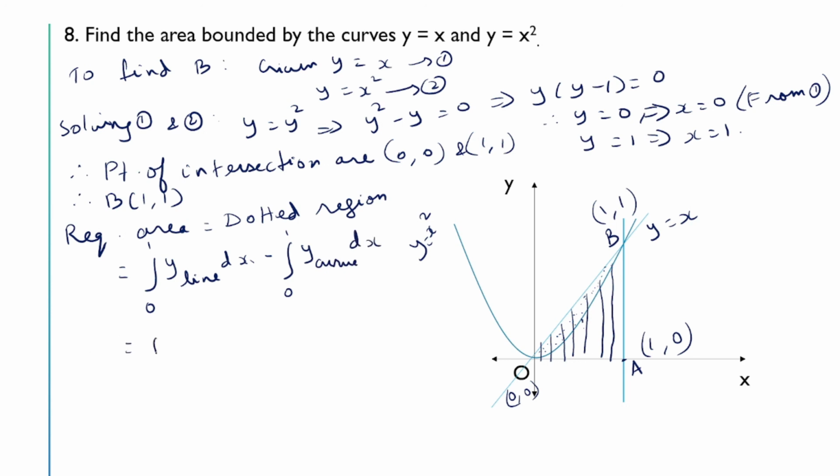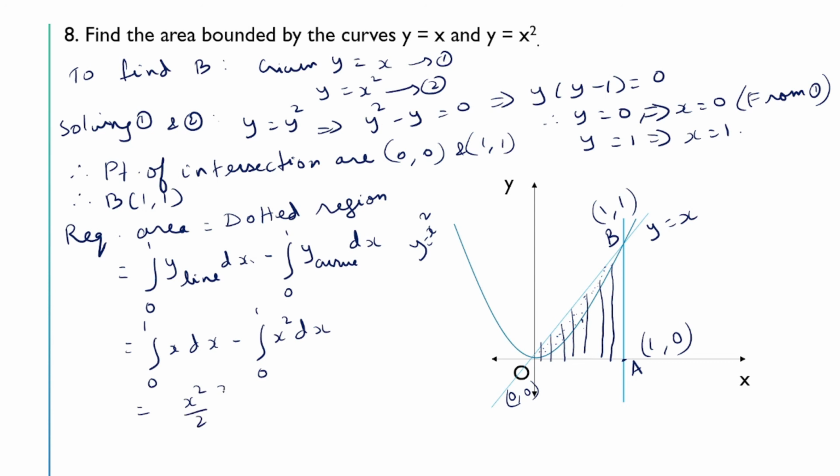So it is equal to integral 0 to 1 y line is nothing but it is x, y equal to x dx minus integral 0 to 1 y curve, it is nothing but it is x square dx.